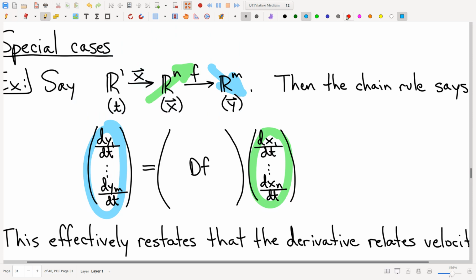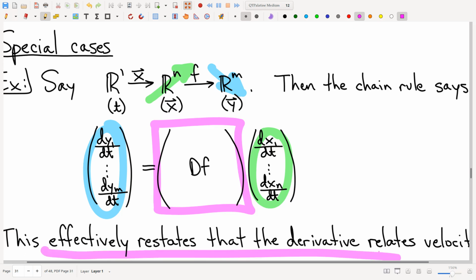So now let's ask the question, what's the interpretation that I'm going to make of what the chain rule is telling us in this case? Apparently, the chain rule tells us that the derivative matrix of f is what you multiply by input velocities to get output velocities. And this is something we already knew. This was our big interpretation of derivative matrices.